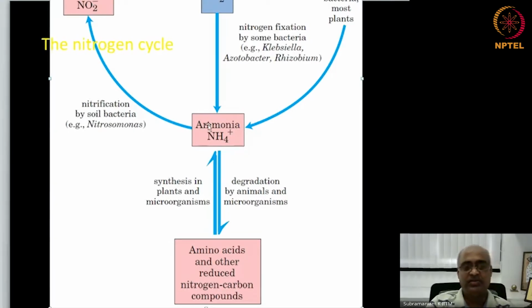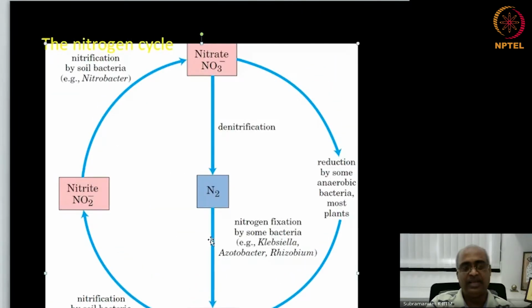We don't use ammonia directly, only plants and microorganisms do that, and for us the relevant ones are the plants, and from the plants you get all the amino acids that you need. That is how we get the nitrogen. So we do not take nitrogen in any of these forms. We don't take nitrogen gas directly.